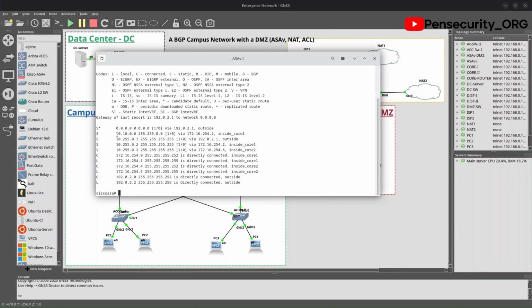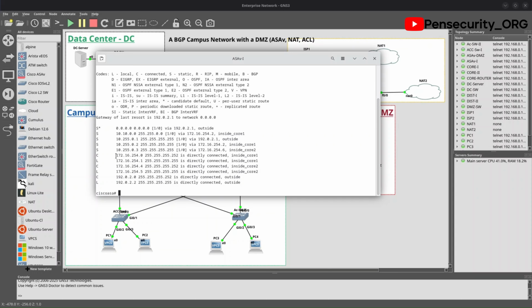10.10.0.0. This is any IP address under this subnet, which is subnet 10, 20, 30, 40. Go through this port. Then this is a loopback for our BGP. This is our BGP. Connects directly to the outside, which is in and out. Then also we have this one that also connects directly in and out, BGP.